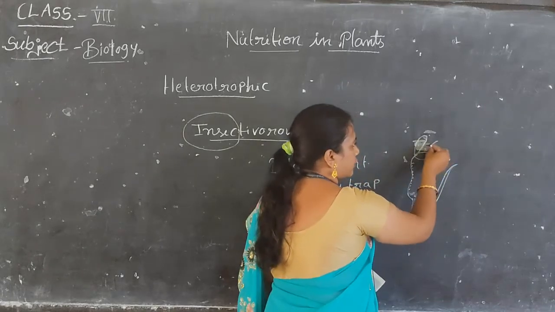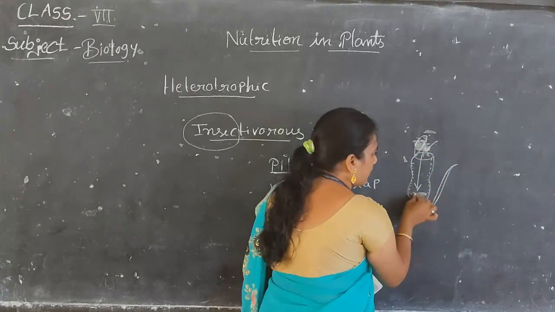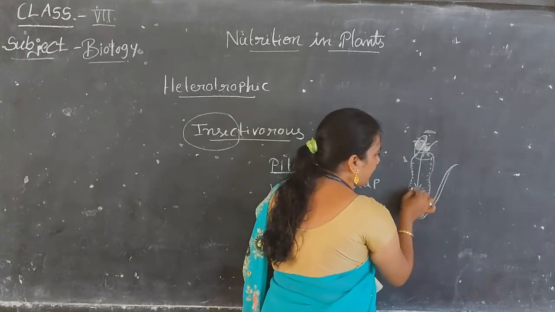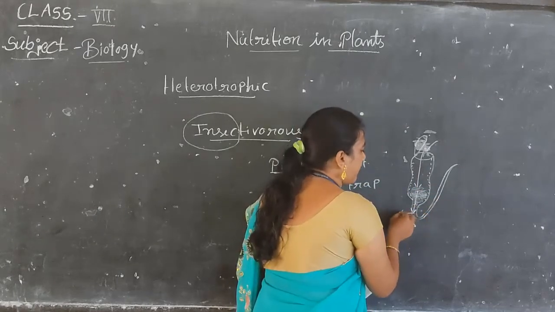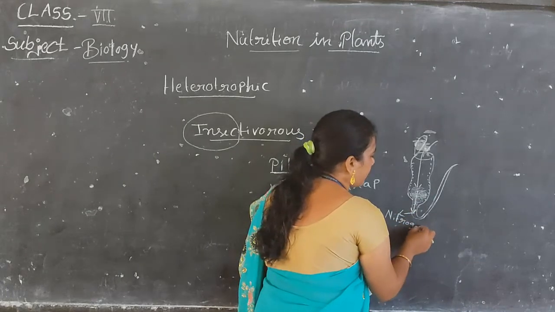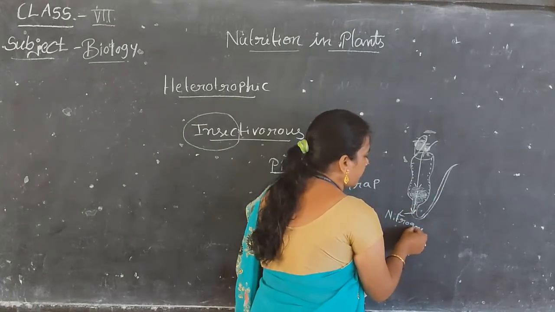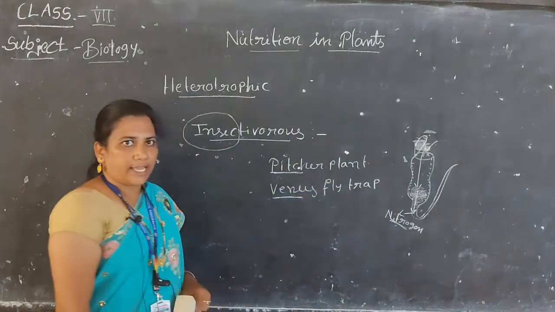When an insect comes here, the lid shuts down, so the insect goes inside. Here the enzymes digest the insect, and from there it absorbs the nitrogen. So these insectivorous plants follow this type of nutrition because of nitrogen deficiency.